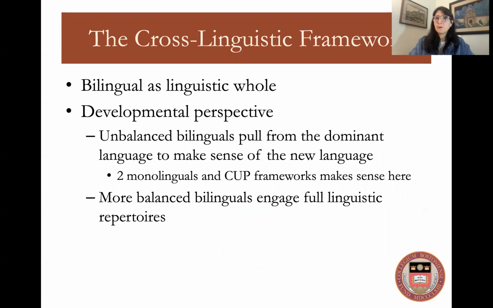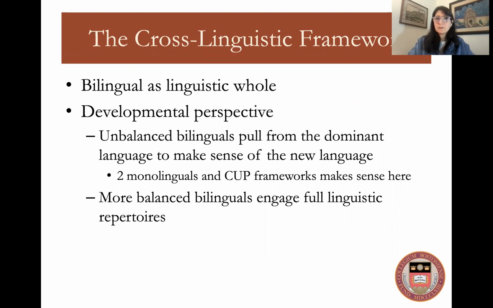And this is the one that most scholars now are standing by because it matches what we've been discovering through neuroscience. And we are learning that it's better to see bilinguals as a linguistic whole. So when we assess, we let students and foster the use of a whole linguistic repertoire.